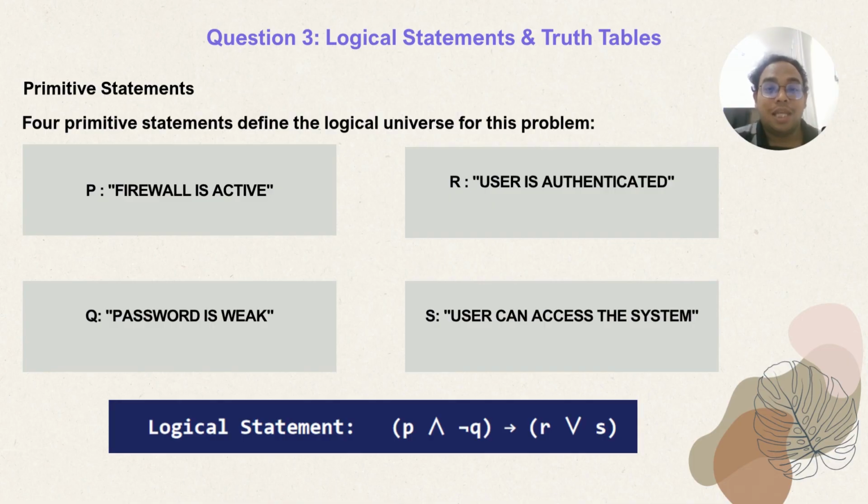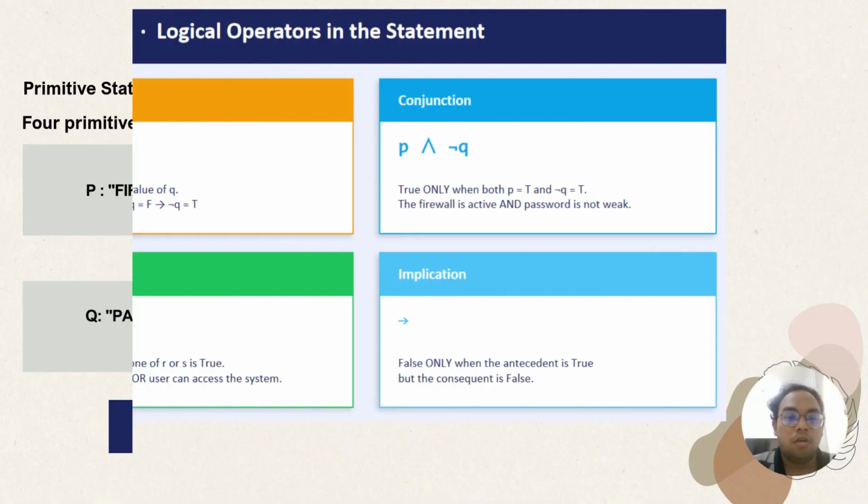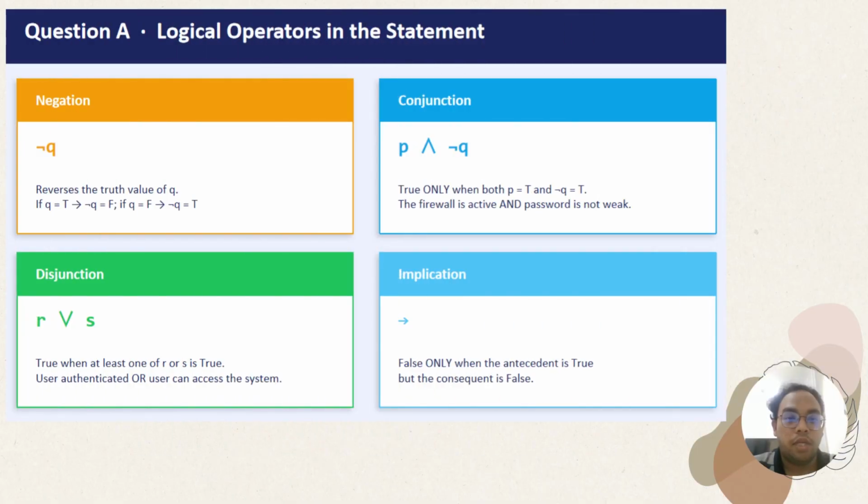S: the user can access the system. These four variables are combined in the logical statement: if P and not Q, then R or S, which reads: if the firewall is active and the password is not weak, then the user is authenticated or the user can access the system.